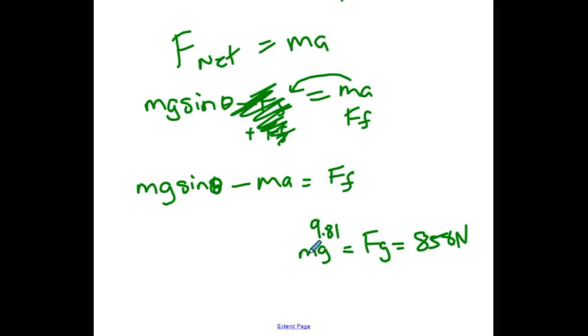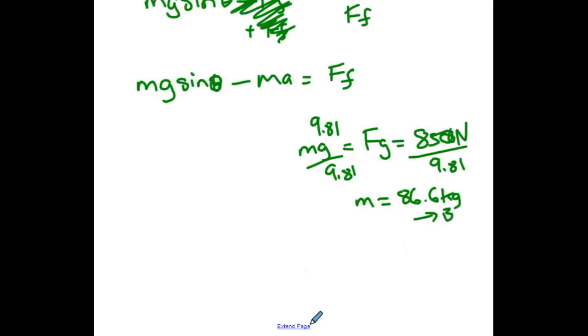If I want to find the mass of the snowboarder, I have to take 850 and divide both sides by 9.81. That was kind of a sneaky little trick I played there. I just wanted to show you that. We can actually find the mass of the snowboarder. It's actually 850 divided by 9.81. So the snowboarder's mass is actually 86.6 kilograms. I'm going to store that as letter B.